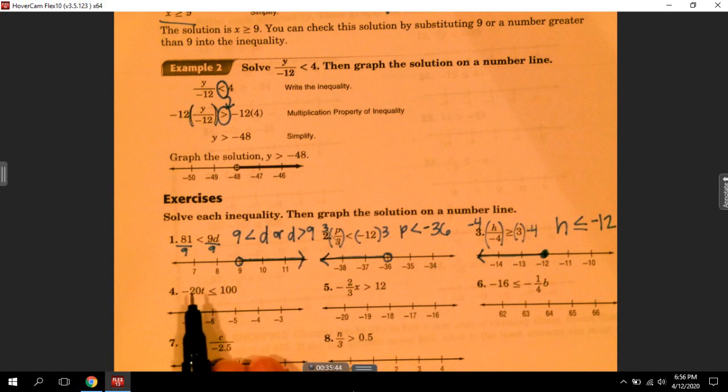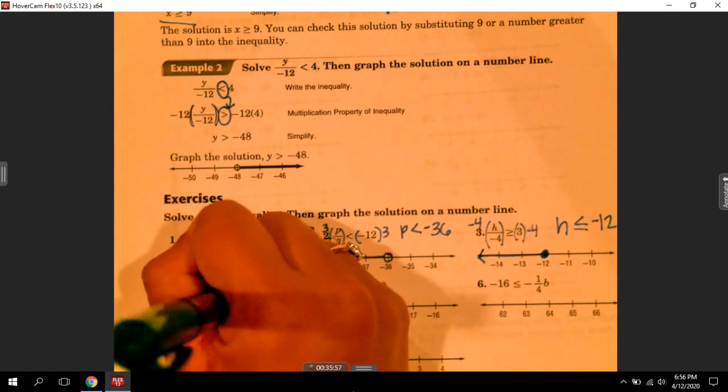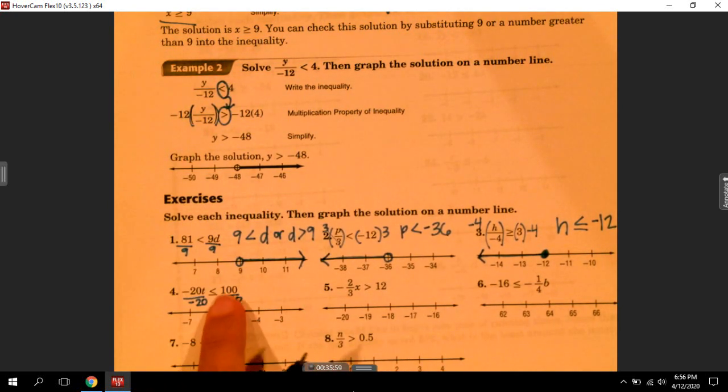Number 4, negative 20t is less than or equal to 100. So to solve for t, I'm multiplying already, so that means I'm dividing. So I'm dividing by negative 20. Because I'm dividing by a negative number, that sign is going to reverse.